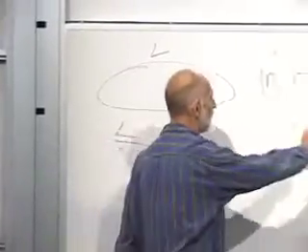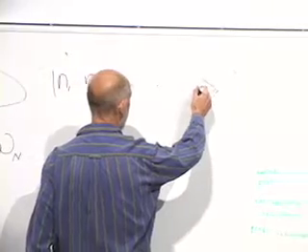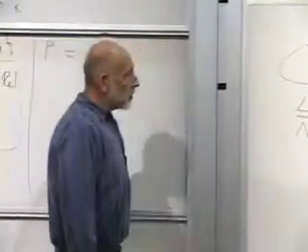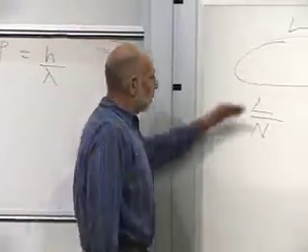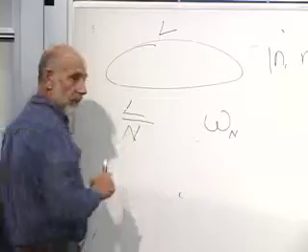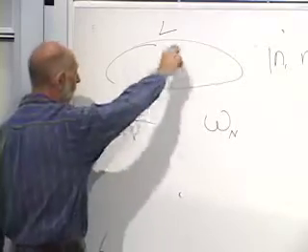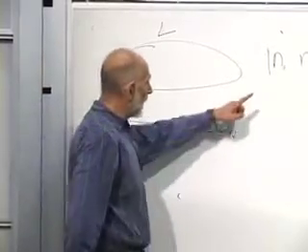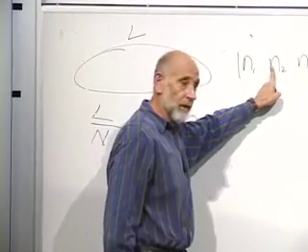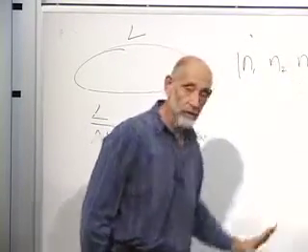And on for infinity, forever. This would correspond to a state in which the lowest frequency, or the longest wavelength oscillator, has N1 quanta in it. The next longest wavelength oscillation would have N2, N3.